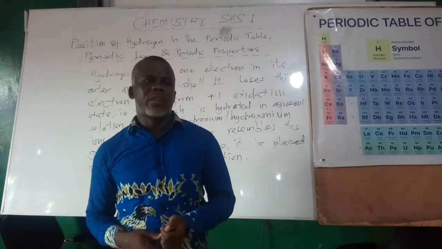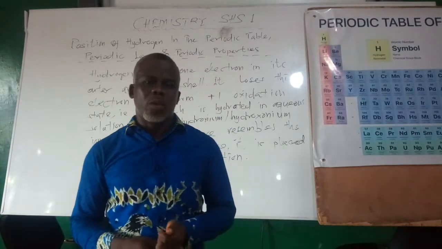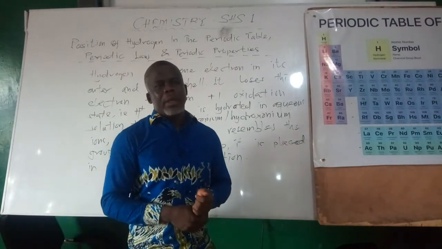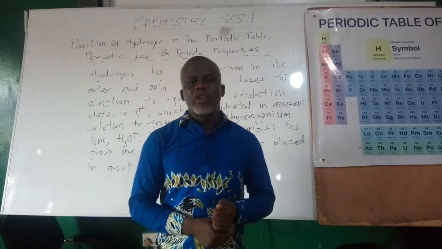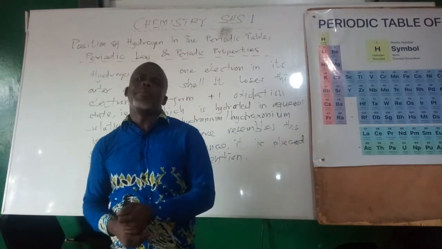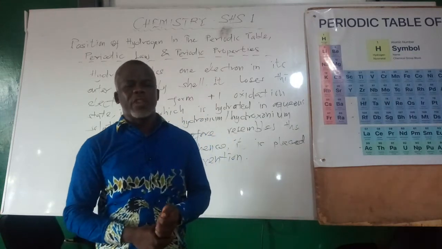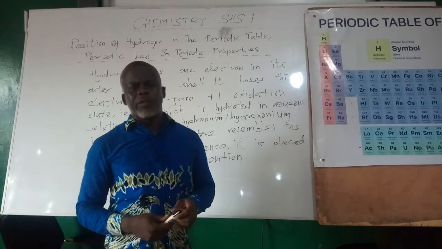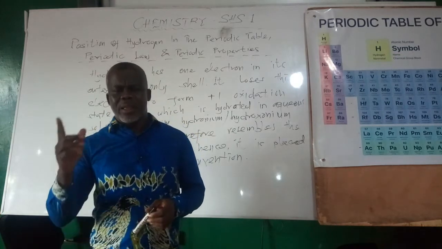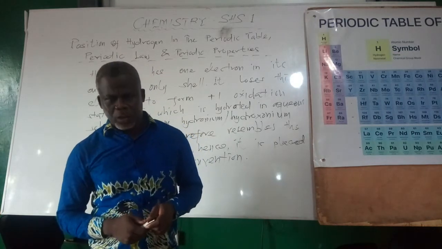All the halogens gain one electron to form the -1 oxidation state. So hydrogen can be placed in group 7 or group 17 because all of them form the -1 oxidation state by gaining one electron.